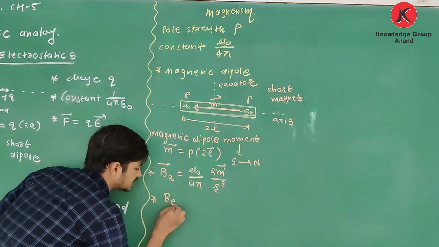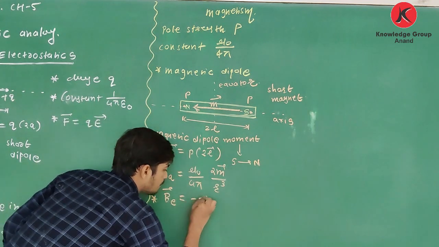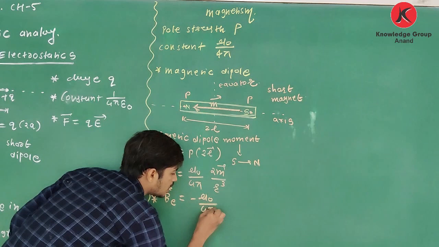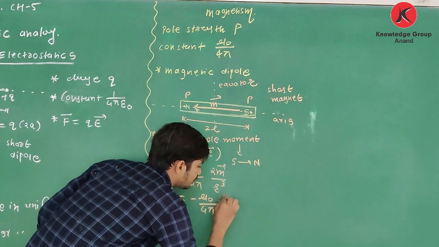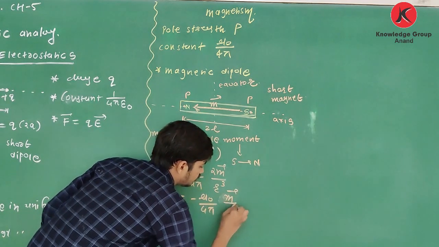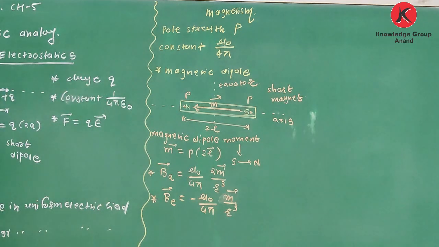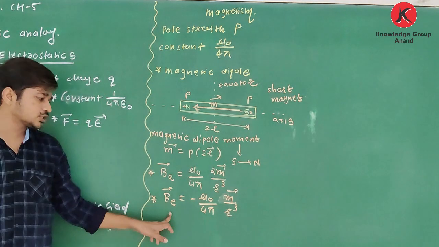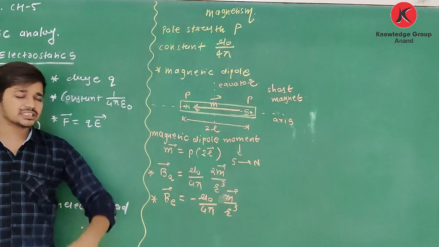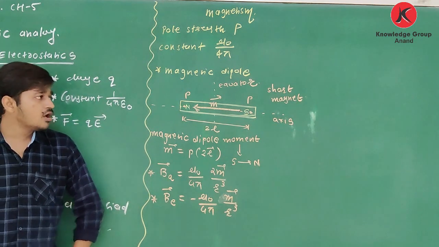Magnetic field on the equator, BE, is equal to minus mu 0 upon 4 pi into M upon r cubed. Minus, because it is in the opposite direction of the magnetic moment.